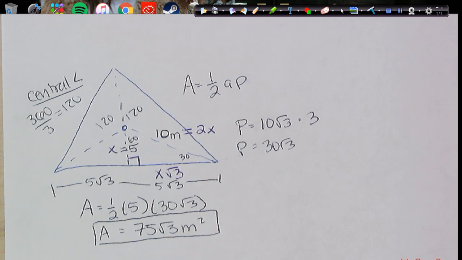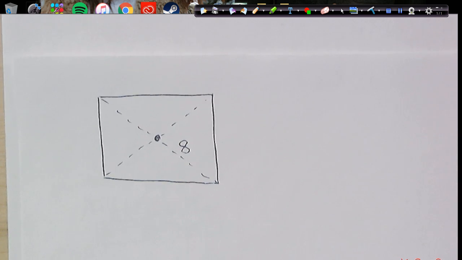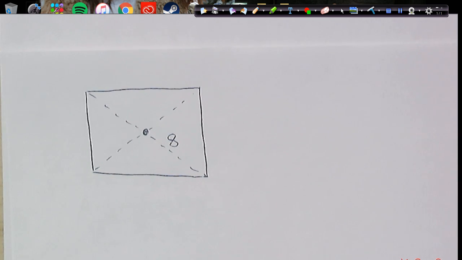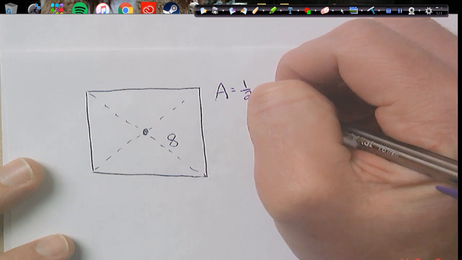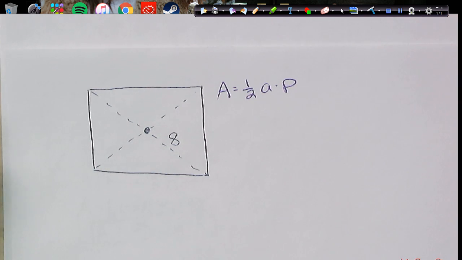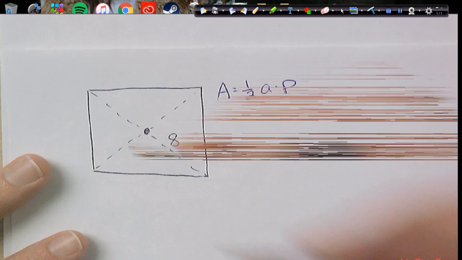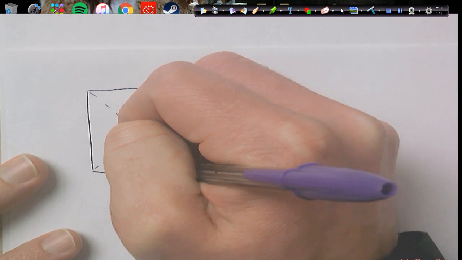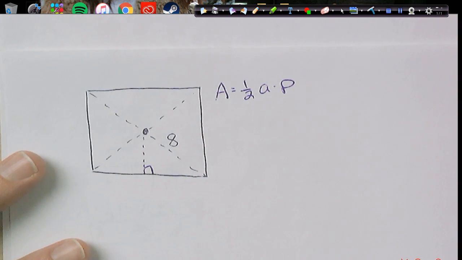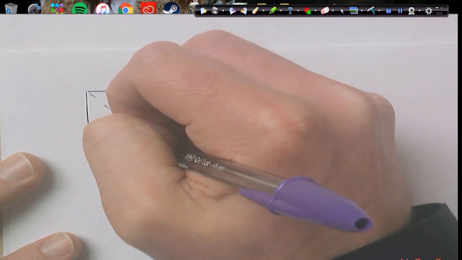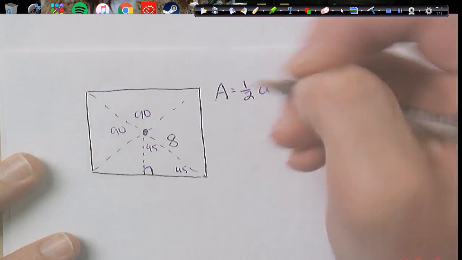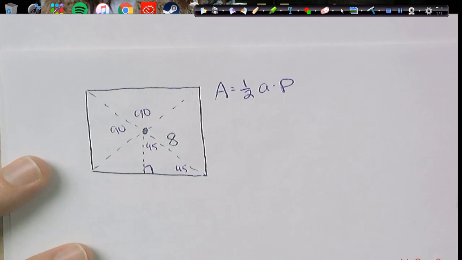And let's look at our last one, and that is a square. And this one's probably the most difficult of all three. So hopefully you guys remember 360 divided by 4, so we get 90 in all these. And then this becomes a 45, 45. I'm going to draw this outside.